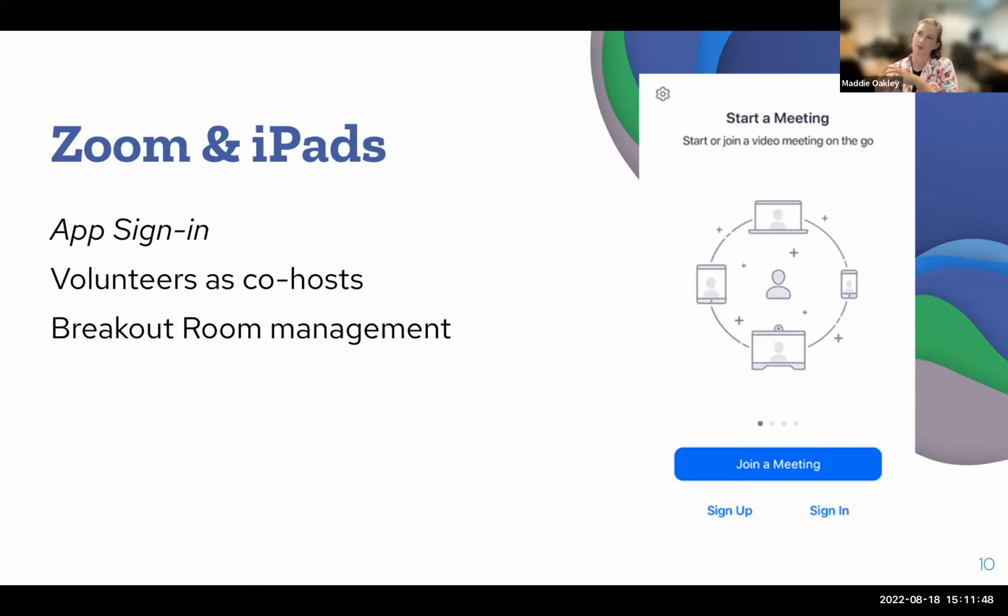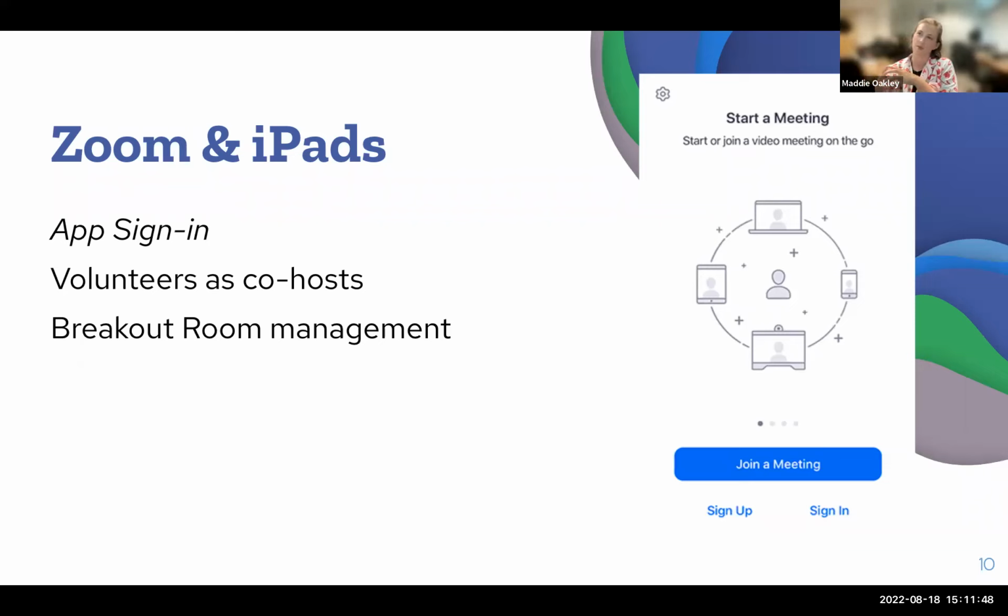Okay, so that's the login process when you log into the app. If you do sign in, there's an SSO connection, just like you would on the app in Zoom, where you'll be taken to your email login, and you'll log in just like you were logging in to your email to get connected in the app.